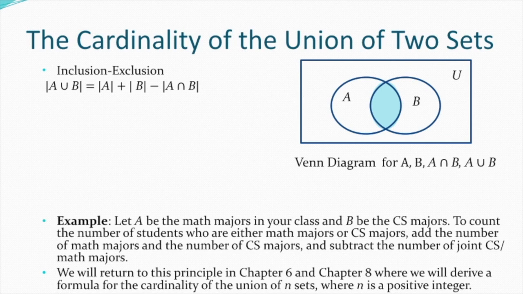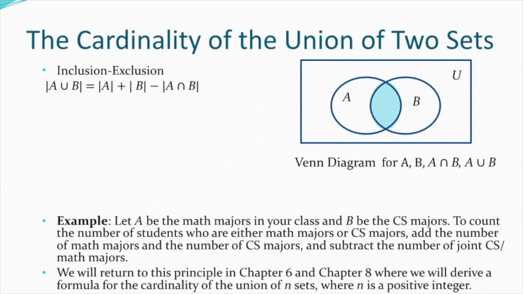Now with cardinality, where you have a union of two sets and you want to find the cardinality, you could simply use the same laws of logic, where the cardinality of A union B is basically the cardinality of A plus the cardinality of B minus the common elements between A and B, the intersection between them.